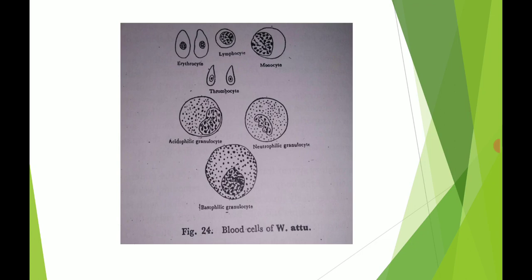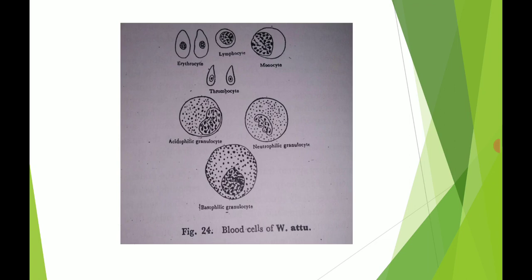Here we see the erythrocytes present in the topmost portion, then the lymphocytes, monocytes, then the thrombocytes. In the middle, blood cells are present.